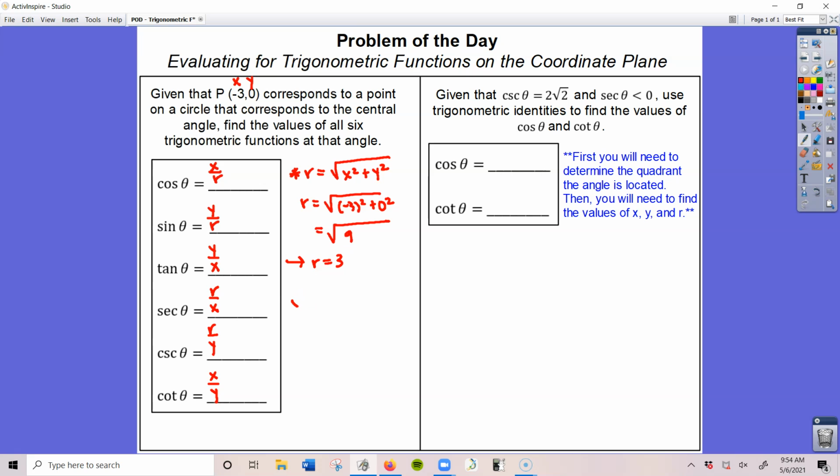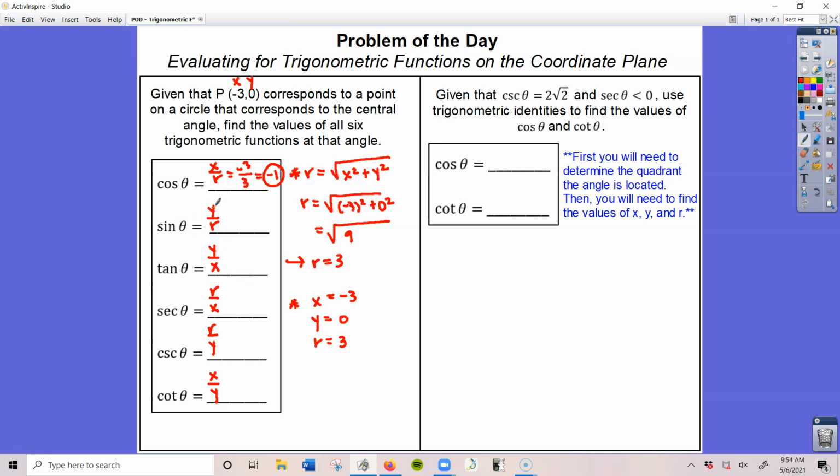So now I'm going to make my little list here of what x, y, and r are equal to so that I can input that for these trigonometric functions. X is -3, y is 0, and r is 3. So the cosine of theta is x divided by r. So that would be -3 over 3, which gives me the answer of -1.